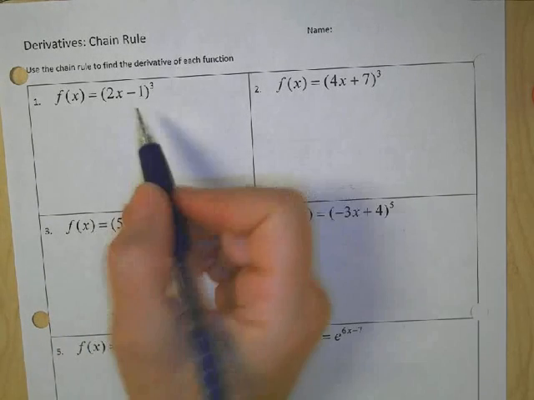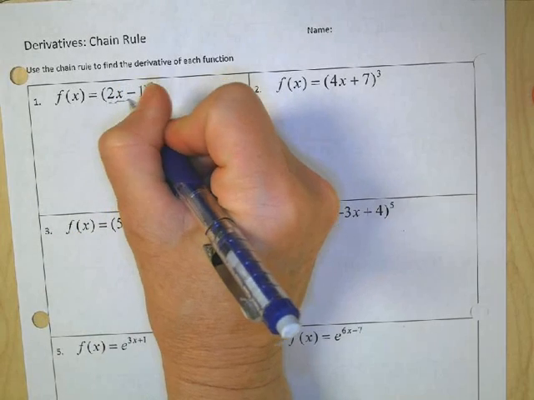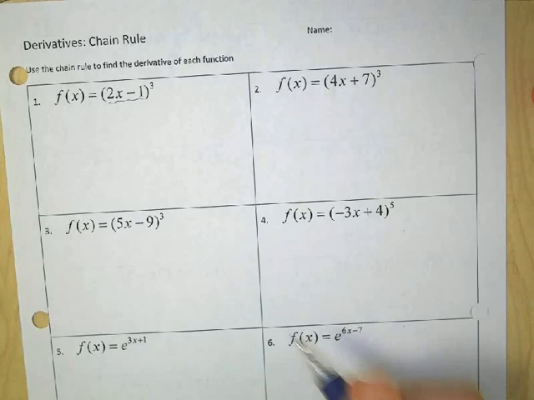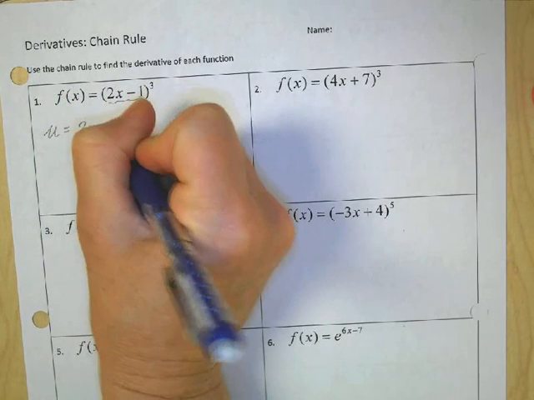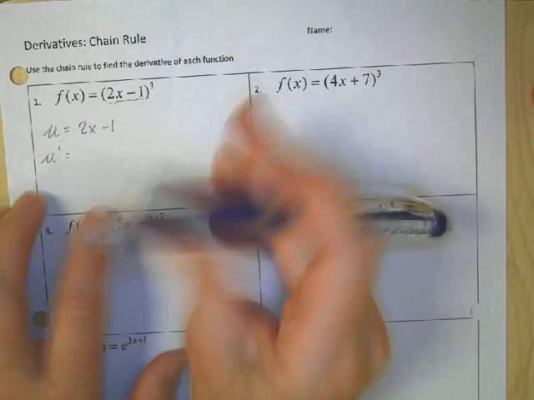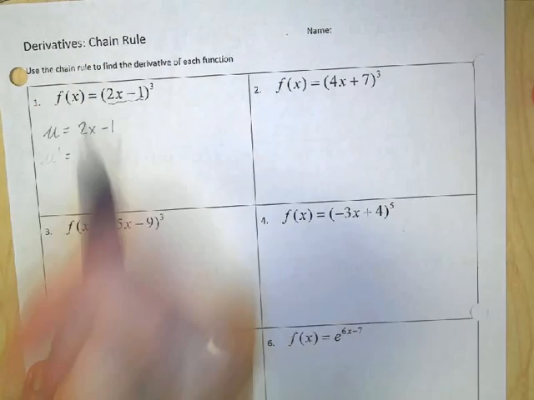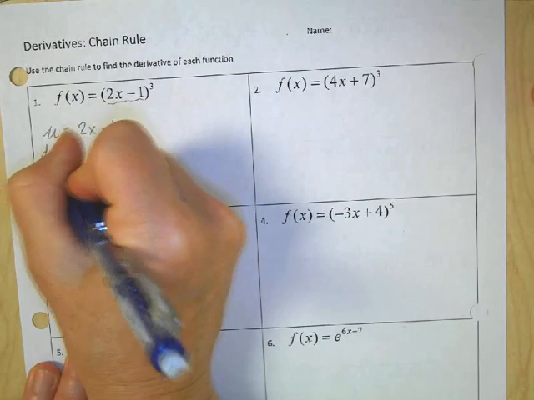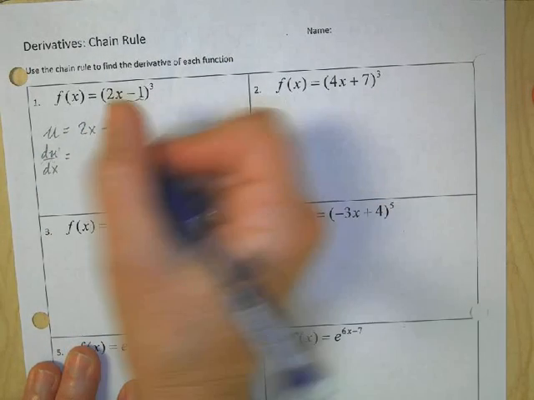I have this 2x minus 1 that I can change to a u. So wherever I have a polynomial happening, I can change that polynomial to my u. And then I can take the derivative of that. If I write it out in more proper notation, it would be du/dx, and the derivative of 2x minus 1 would be 2.